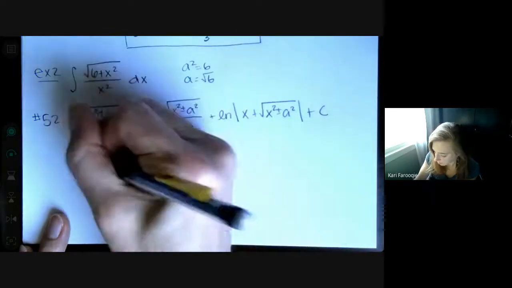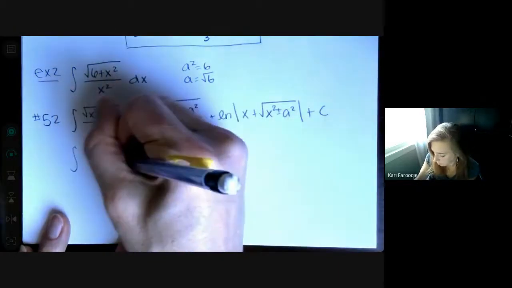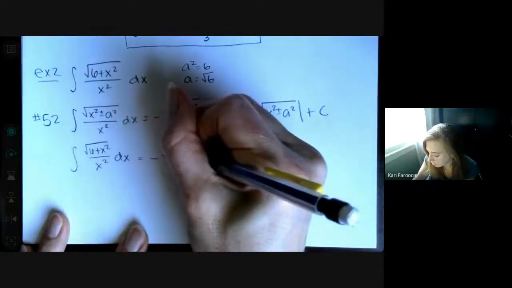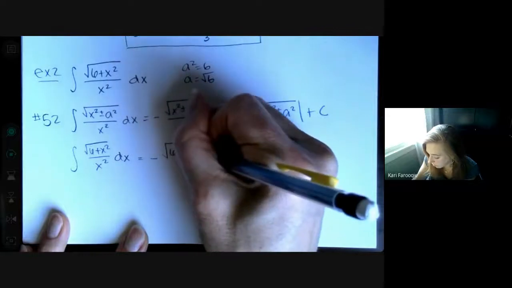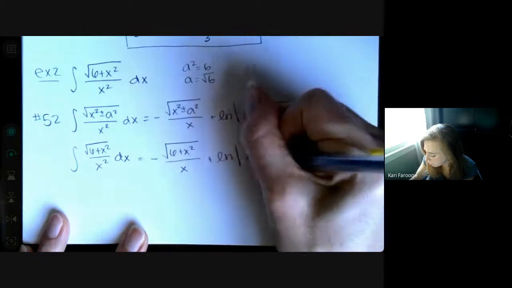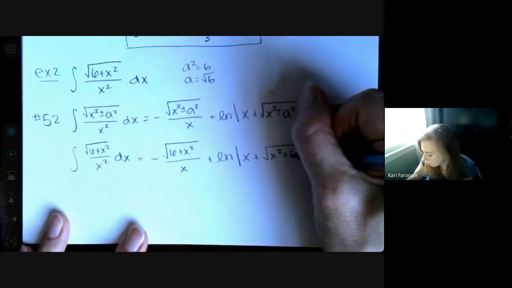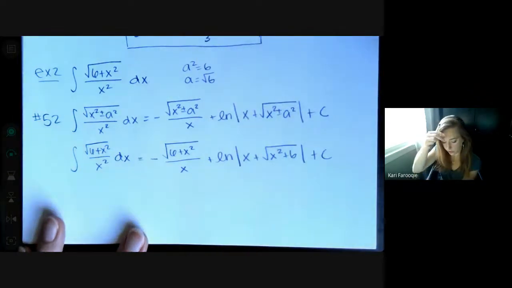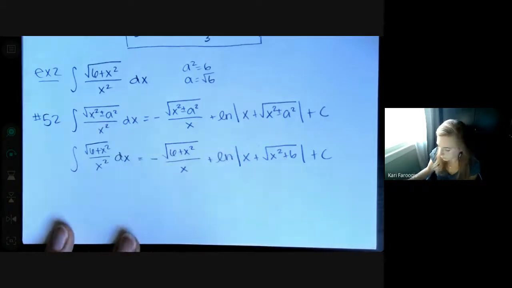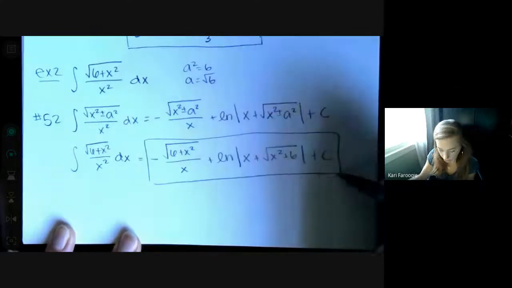So our integral, the square root of 6 plus x squared divided by x squared dx, is going to be equal to negative square root of 6 plus x squared divided by x, plus the natural log of the absolute value of x plus the square root of x squared plus 6, plus c. And again, the order of your addition makes no difference, as long as you're not changing anything, you should be good to go.